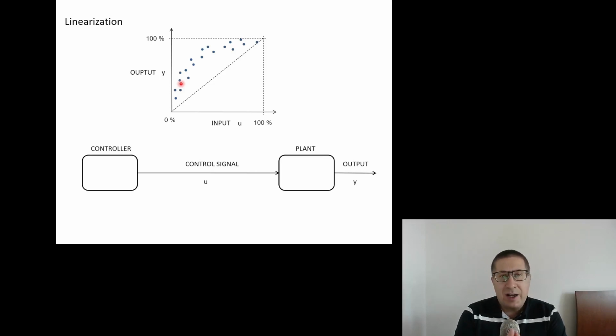Of course, in the plant we have nonlinear processes, like for instance this one, right? So it could be, let's say, the airflow through the air damper, or water flow through the valve. If we open this damper from 0 to, I don't know, 10%, we will see a huge increase of the airflow, right?